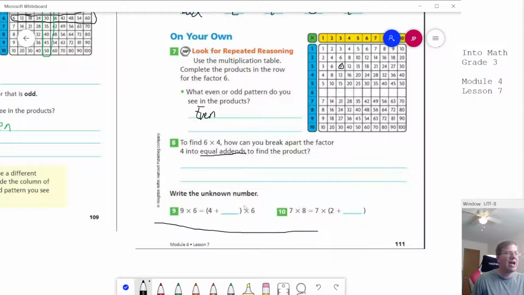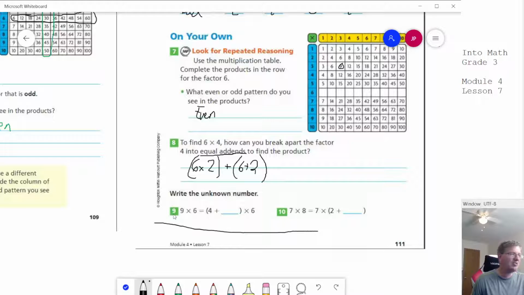So we want equal add-ins. So the way that we're going to do that is to do 6 times 2 and put that in parentheses plus 6 times 2. And this would be the problem that we could use to find the answer for that. So we would end up with 12 and 12, and then we would get 24 for our answer.